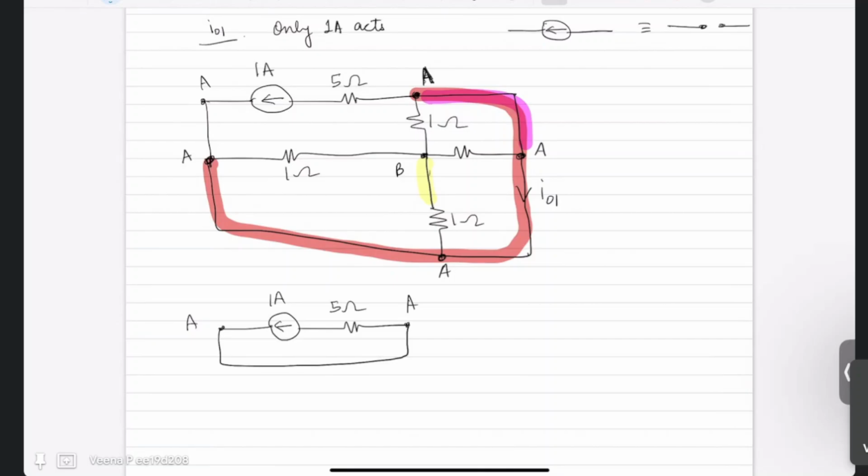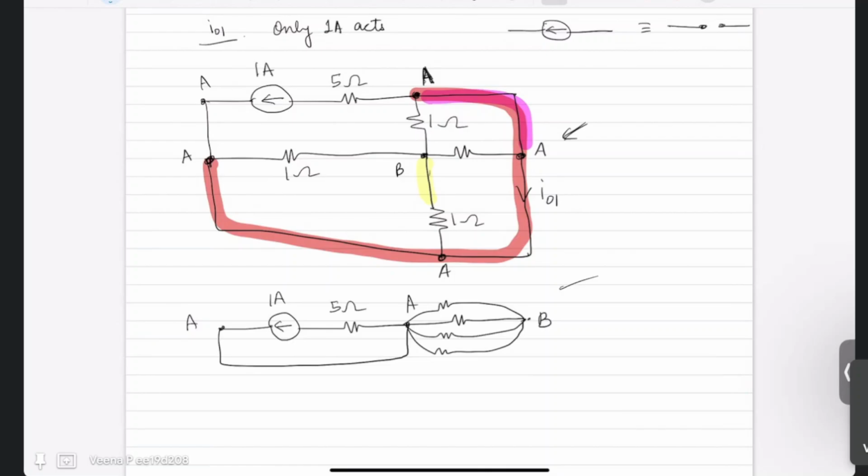Now where is your B? Your B is somewhere outside. Between A and B, you have 4 1 ohm resistances. So this is your real circuit. You can draw it this way, but actually it looks like this.